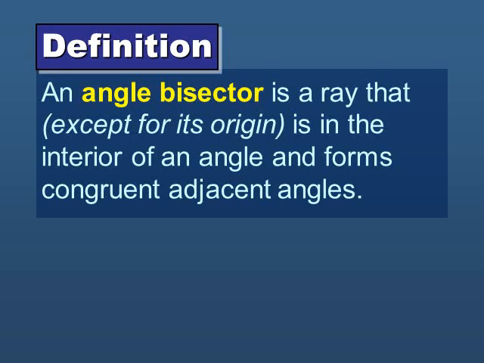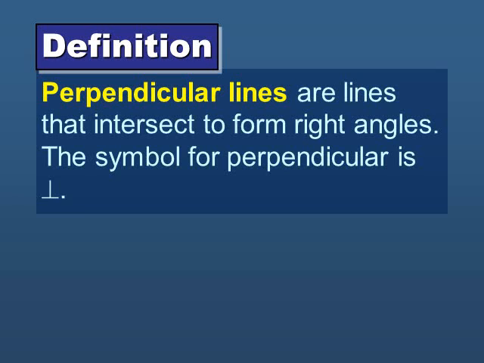Okay, we've talked about a segment bisector and how that is the midpoint of a segment. Now we have an angle bisector, and we're going to create a ray that is in the interior of the angle and forms two congruent adjacent angles. And then perpendicular lines are lines that intersect to form two right angles.